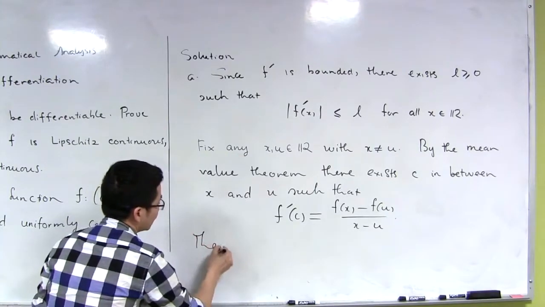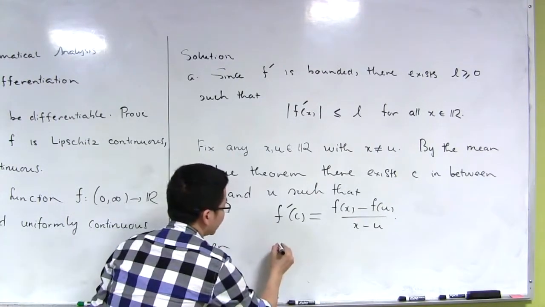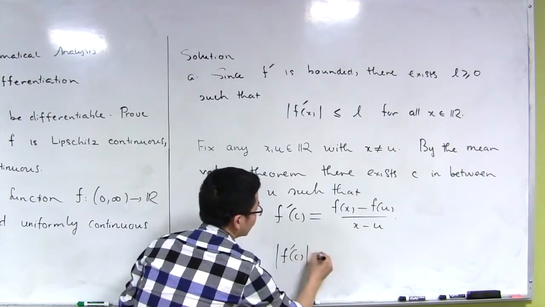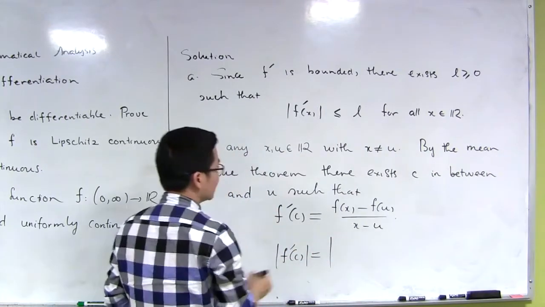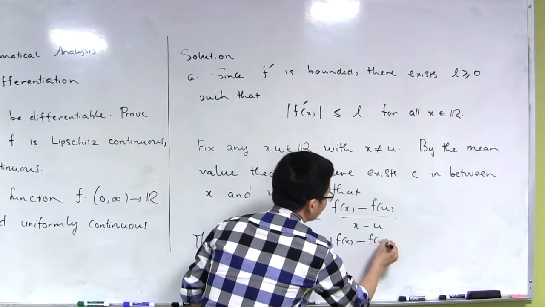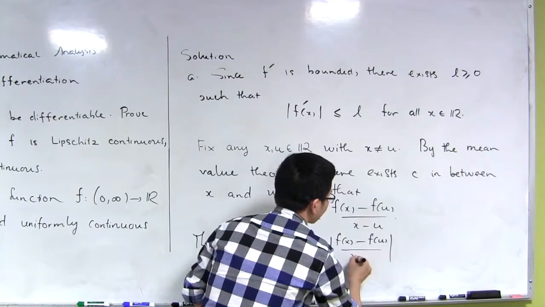Then the absolute value of f prime of c is equal to the absolute value of f of x minus f of u over x minus u.